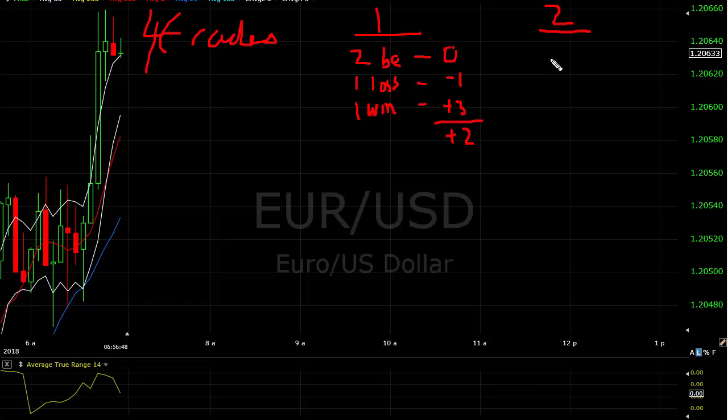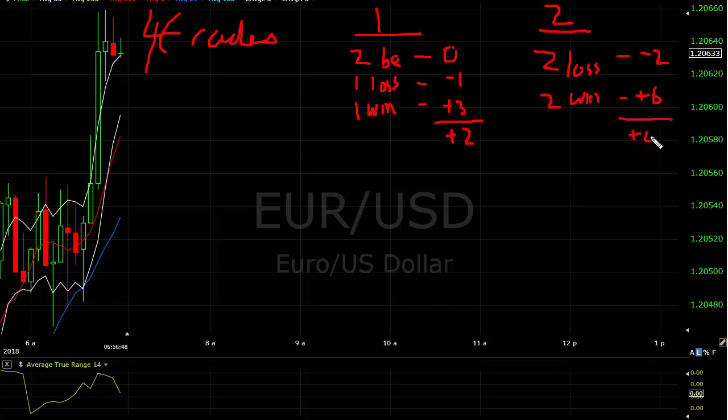So in this scenario, instead of having 2 break evens, they actually have 2 losses for minus 2, but as a result of not moving their stops up to break even, instead of only having 1 winner, they have 2 wins. So they have 2 wins of plus 6, giving them a net of plus 4.